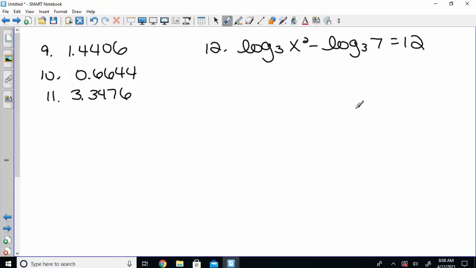If these logs are subtracted, how do we put them together? Division. So this would be log base 3 of x squared divided by 7. Then, if you have a log on only one side, what do we do?